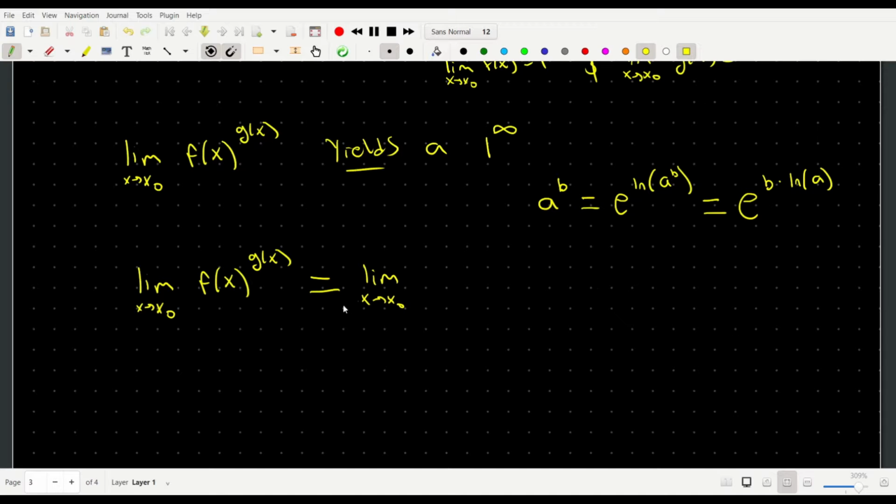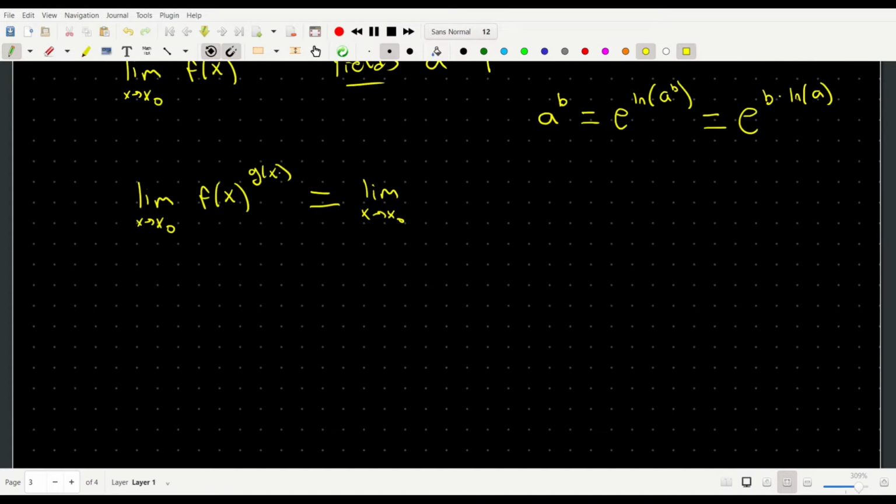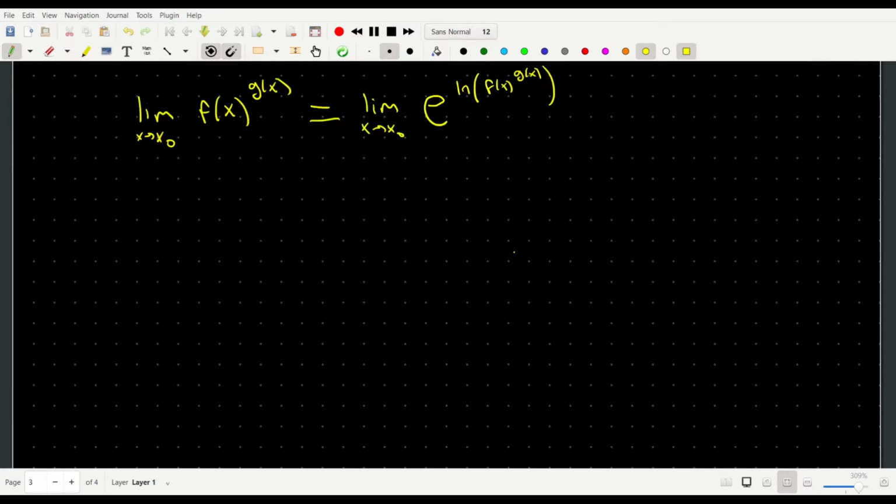And the idea here is that we can directly apply this in the limit. You have f of x to the g of x, which is the same thing as the exponential to the power of the natural logarithm of f of x to the g of x, which is the same thing as the exponential to the g of x times the natural logarithm of f of x.